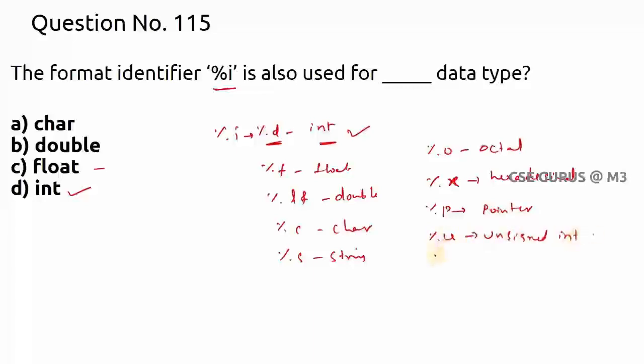Of course, percentile LD for long integer. So these are all defined in C. These are all format identifiers, or format specifiers as we call them. So for our question, the answer is D.